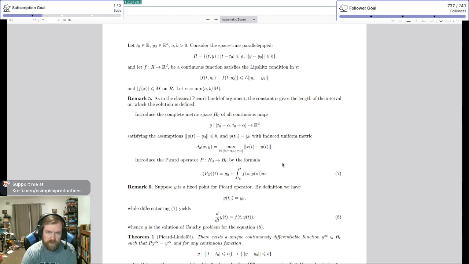Let t sub 0 be a real number, y sub 0 be a real vector of dimension d, and a and b are greater than 0. Consider the space-time parallelepiped.